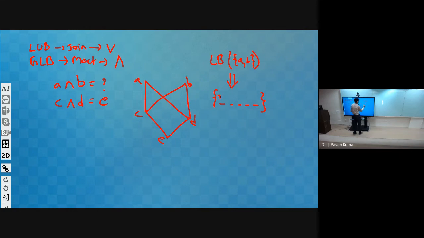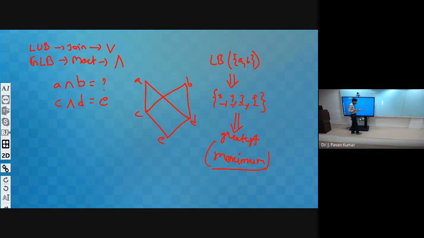Let us consider X, Y, Z, T. Like this, we have 4 elements as lower bound. Fine. But out of these, do we have any greatest element? Greatest element has one more name, maximum element. So, do we have a maximum or not? That we have to check.